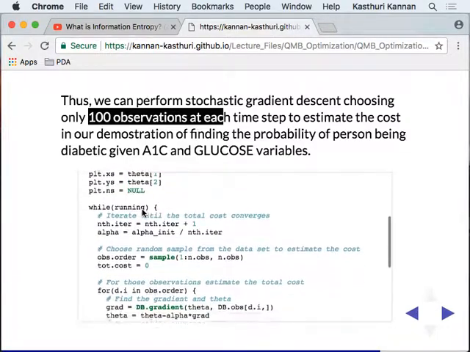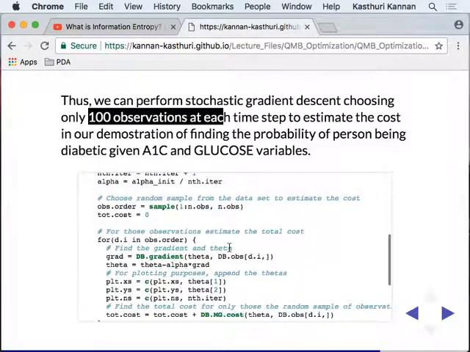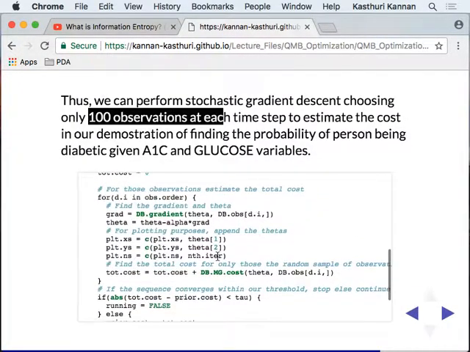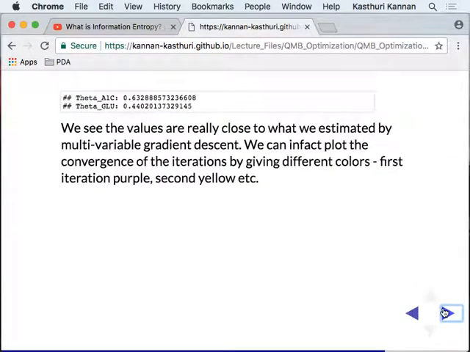and what we do here is there is an iterative parameter for every iteration. I choose some random observations, random number of observations, right? It's only 100 points here, and calculating the cost, it beautifully converges to the value that we have here, closest to what we found by multiple variable gradient descent.